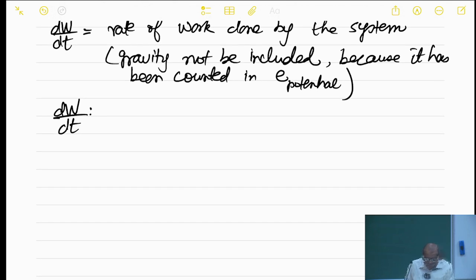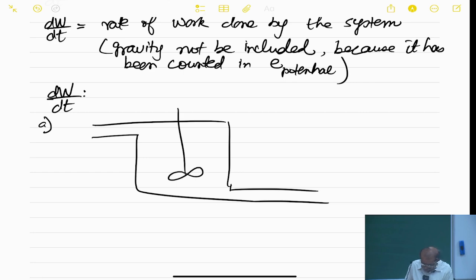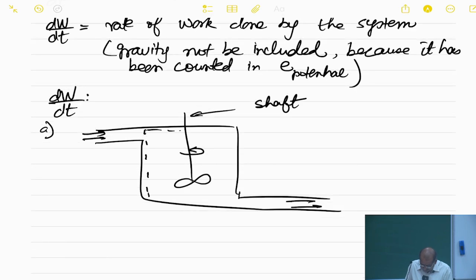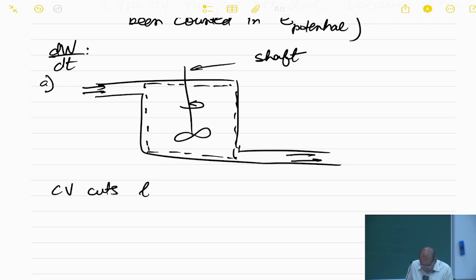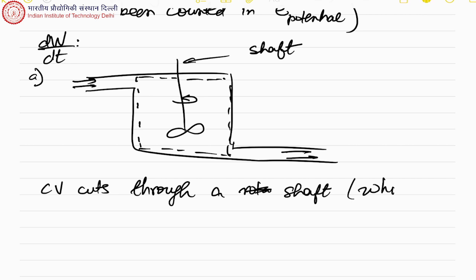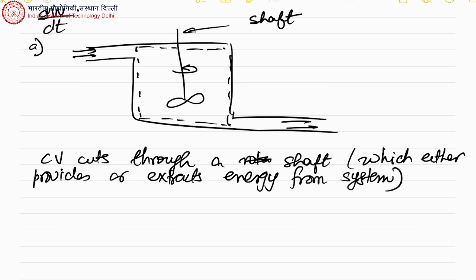The first type of work: if this is a system and there is some sort of a shaft, if the control volume cuts through a shaft which either provides or extracts energy from the system.